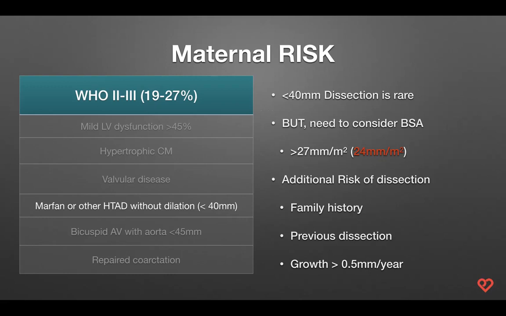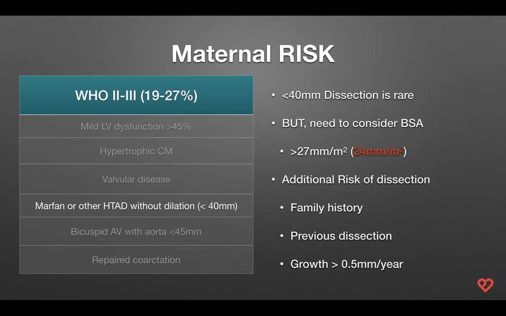We can take the WHO classification and go through that. She basically falls into WHO 2 to 3, Marfan's or other hereditary aortic disease without significant dilation. She's less than 40 millimeters. So very important: less than 40 millimeters, dissection is rare in these patient populations, but we need to also check ourselves and calculate this as her body surface area.